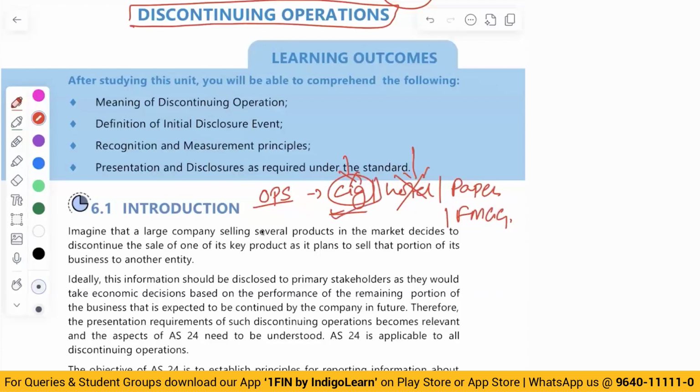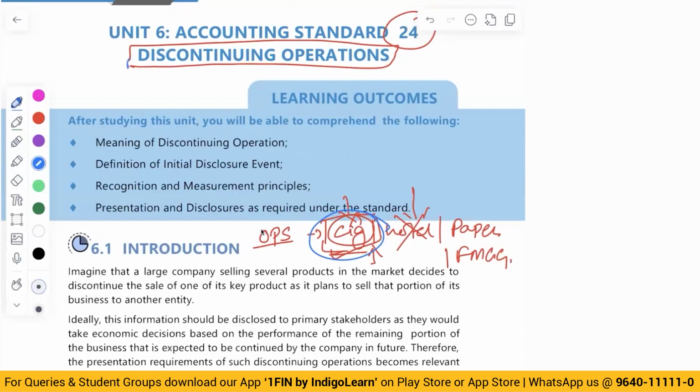If I am disposing of this particular cigarette division, then I have to inform my shareholders, I have to inform my investors that, see, I am selling off this particular division. This is one of the most important divisions of my business, but I am selling it off, right? So whenever an enterprise decides to discontinue an operation, now discontinue could mean I will sell to somebody else.